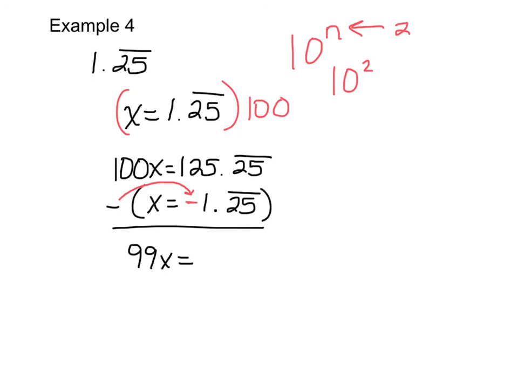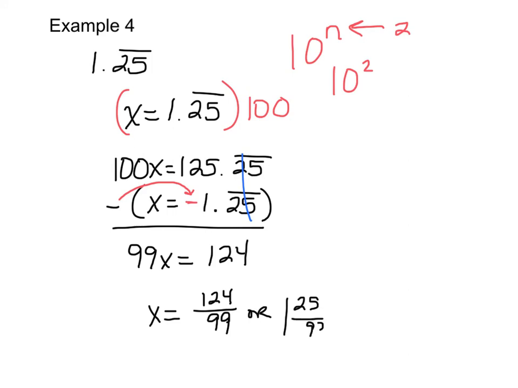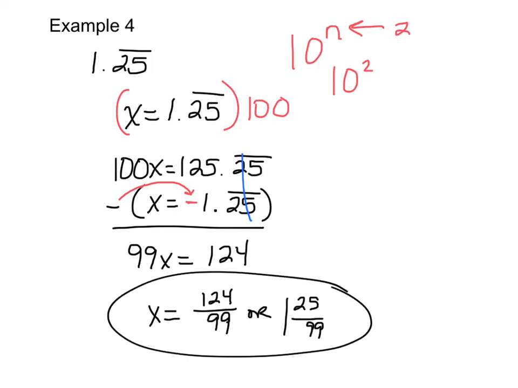Now we subtract. Notice the 0.25s disappear. So this would give me 124. I divide both sides by 99. So you can leave your answer as 124/99ths, or you could change it to a mixed number, which is 1 and 25/99ths. Either one of these would be an acceptable answer.